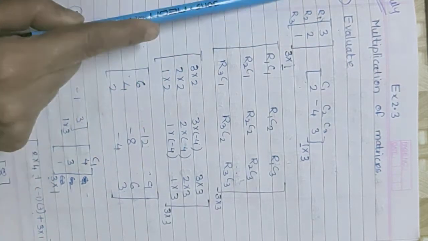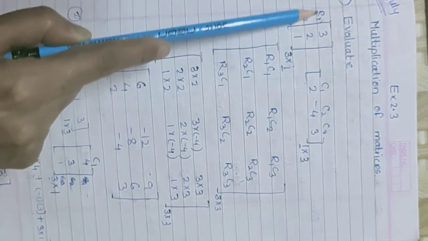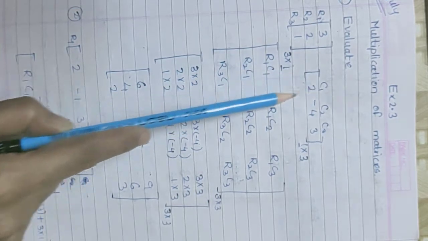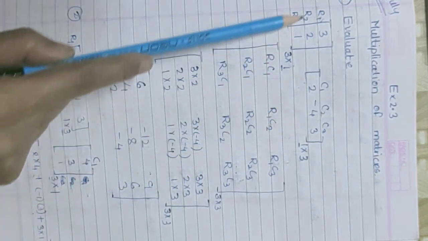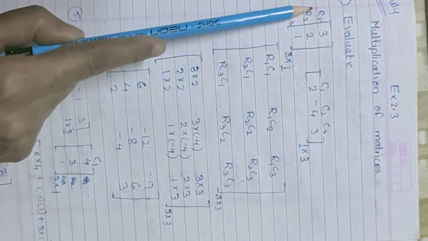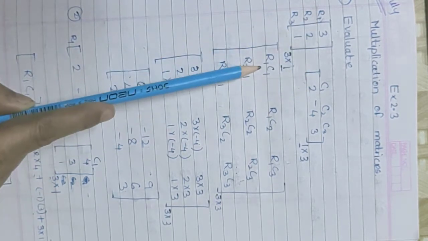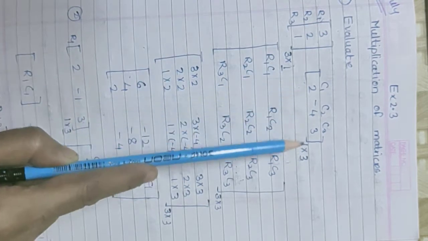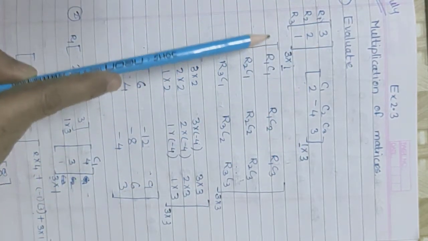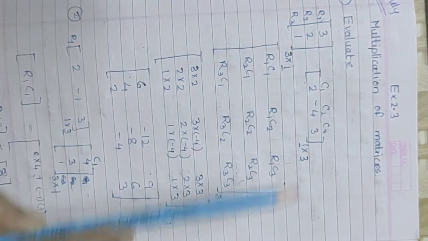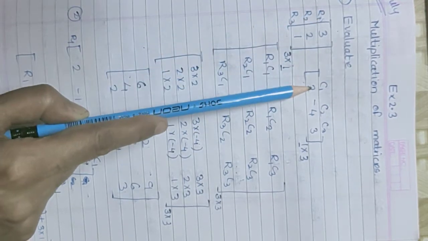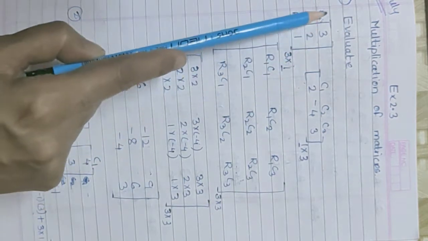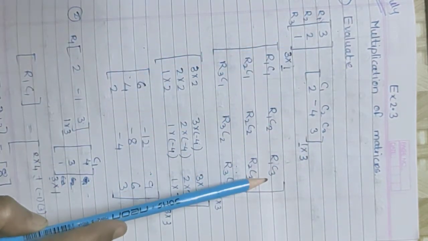So first we will take this row R1, and these are the 3 columns C1, C2 and C3. First we will complete multiplying this row to all the columns. We will write it like this, row wise: R1C1, R1C2, R1C3.